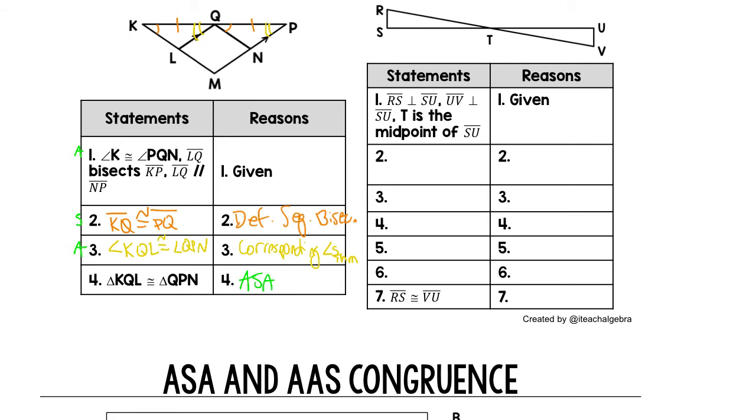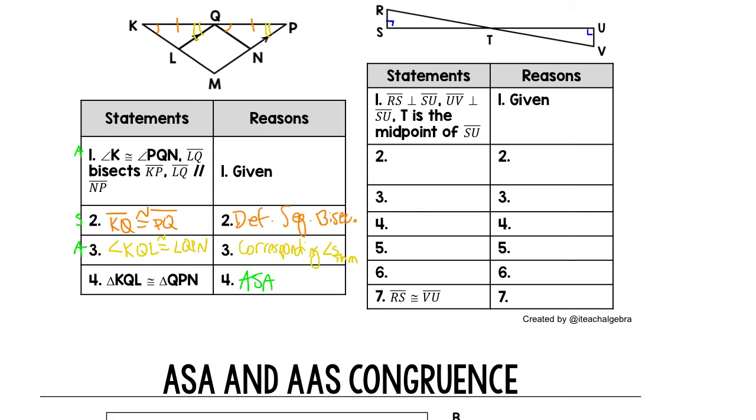One more example, and then we will move on to bigger and better things. Segment RS is perpendicular to segment SU. We've got right angles here. Segment UV is perpendicular to segment SU. And T is the midpoint of SU.